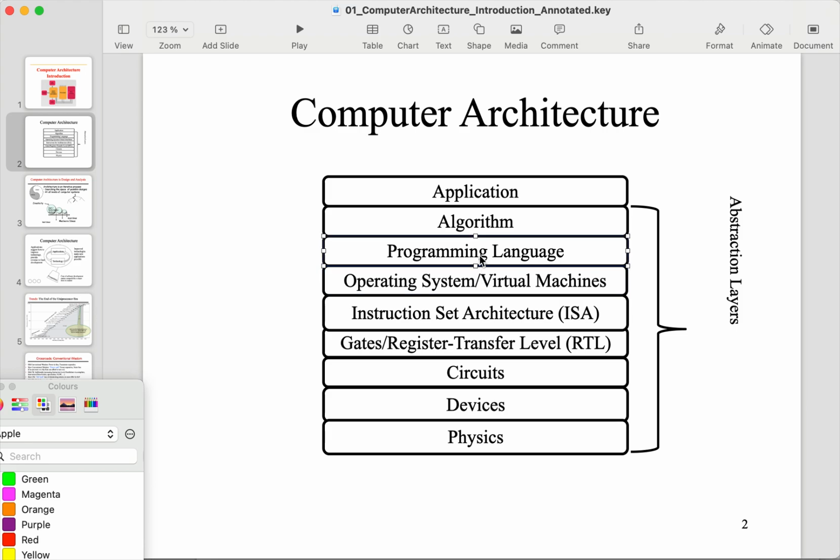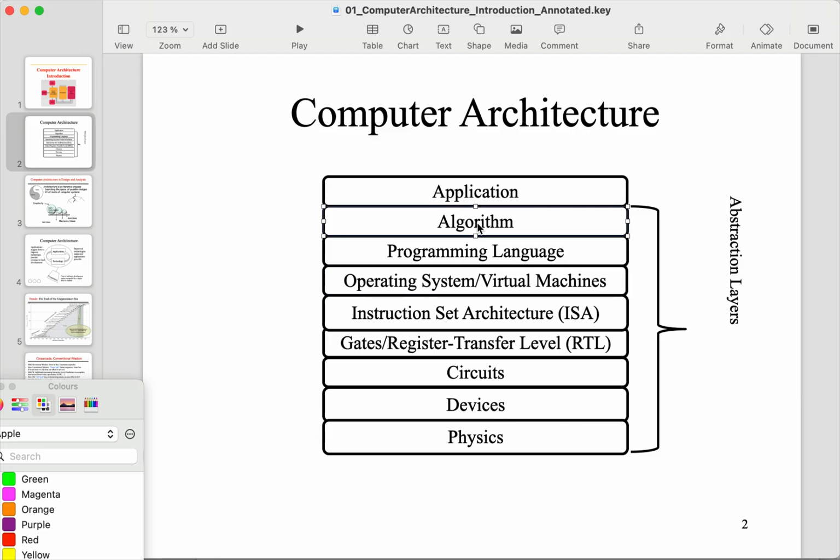So by using the programming language, the programmer would create applications that would be run by the operating system in the form of a process.